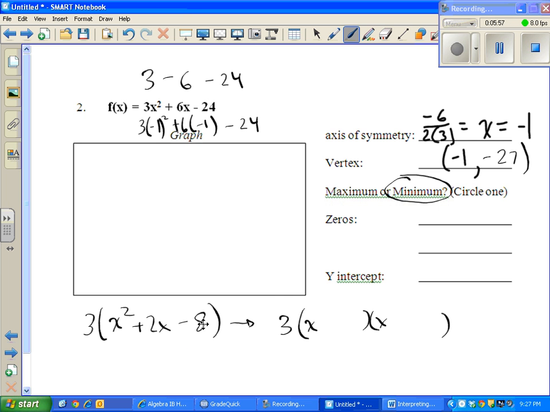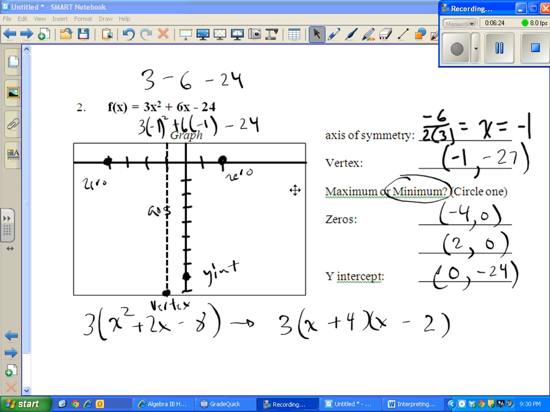So what do we have? We have 4 and 2. Yeah, that's going to work nicely. So we're going to make a positive 4 and a negative 2 as our factors, which means negative 4, because we set that equal to 0. We set this equal to 0, and we're going to get positive 2. And these are our zeros. What's the y-intercept? The y-intercept is clearly negative 24. So (0, -24).